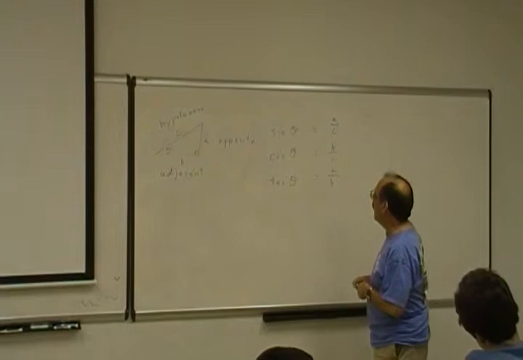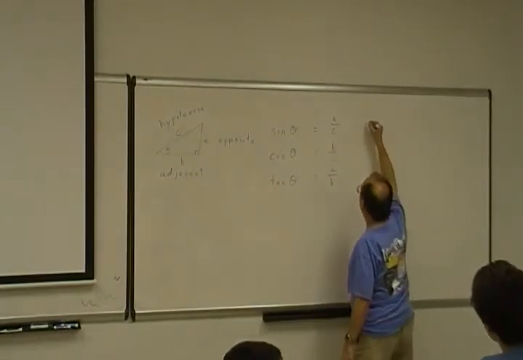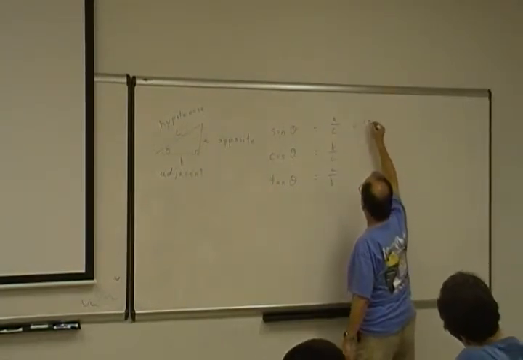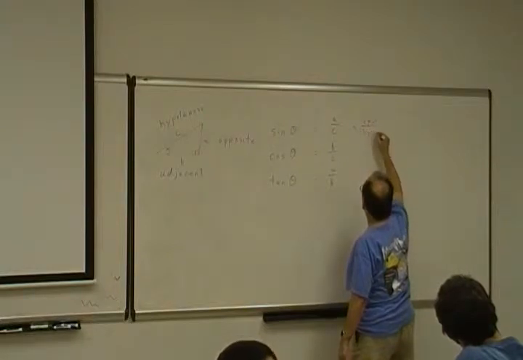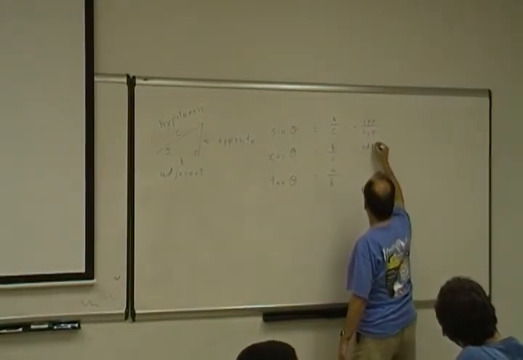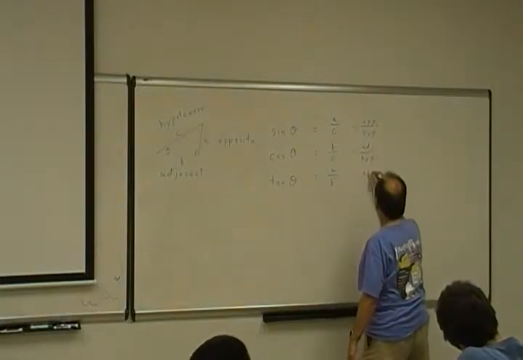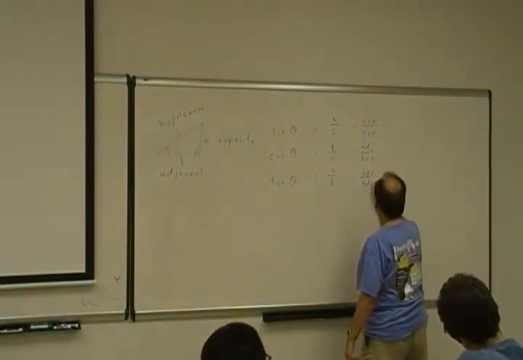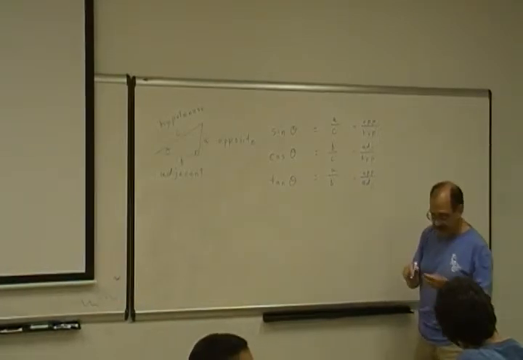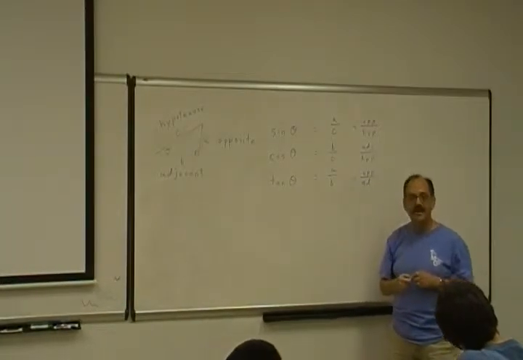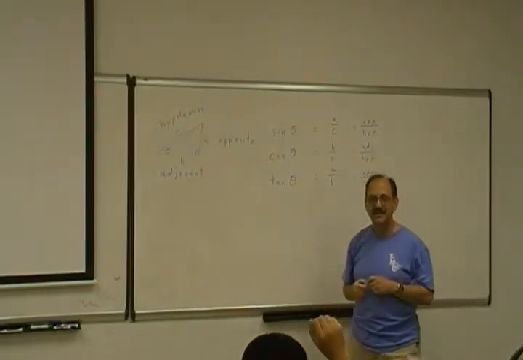Now, this is sometimes said to be opposite over hypotenuse. This is adjacent over hypotenuse. This is opposite over adjacent. And there's an acronym. Who knows what the word acronym means?